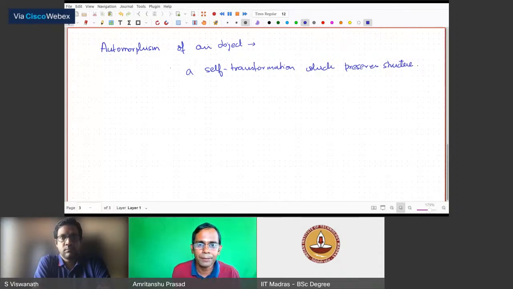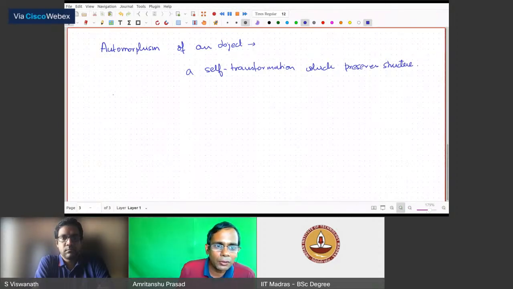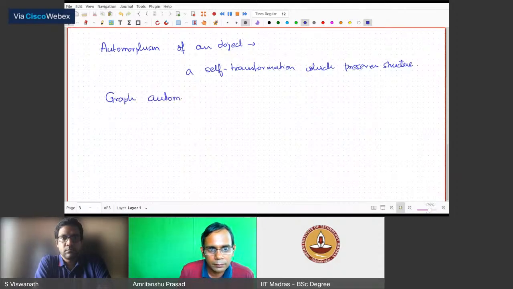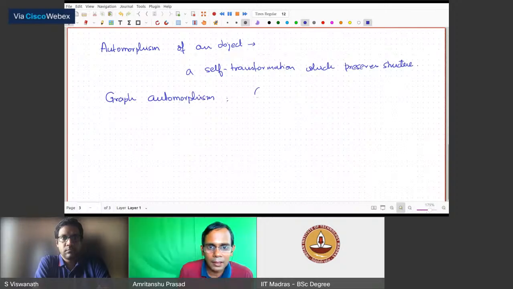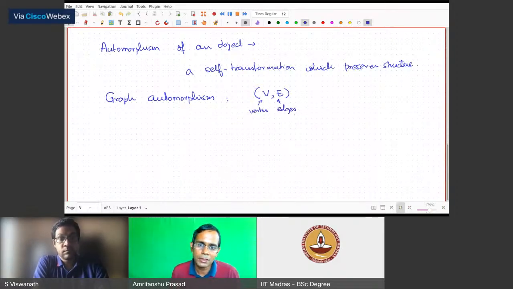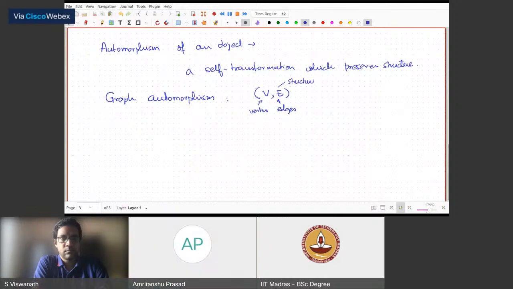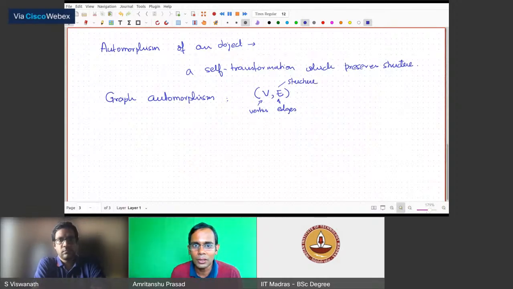So what we have talked about is graph automorphism. What is a graph? Well, a graph is a set together with a collection of edges. So, vertices and edges. This E is a collection of subsets of size 2 of V. You can think of this as the structure, and this E puts some additional structure on the set.